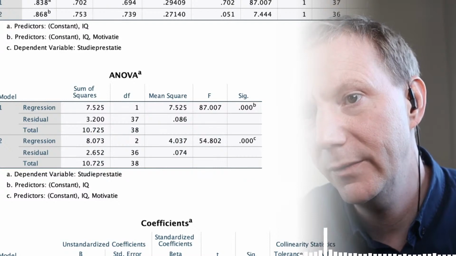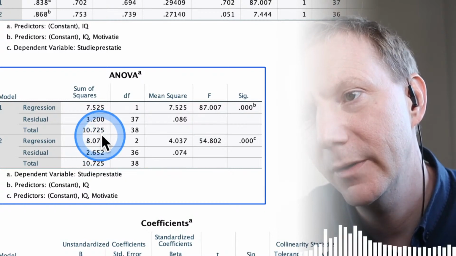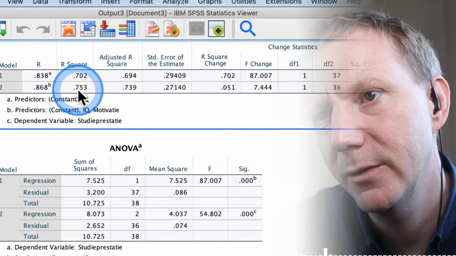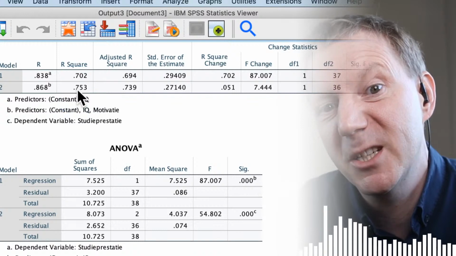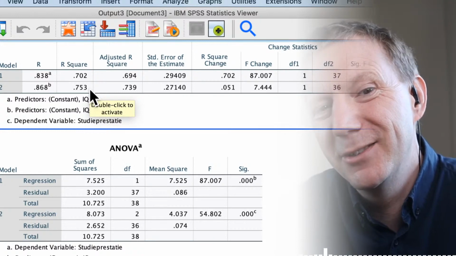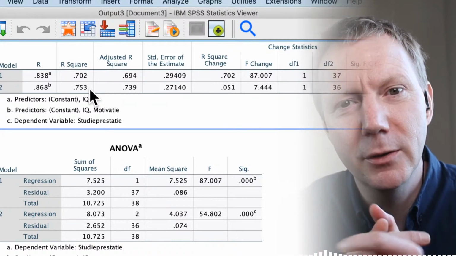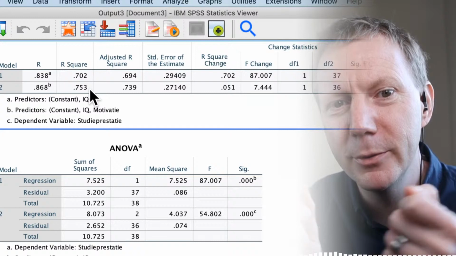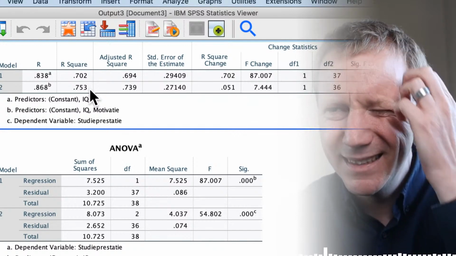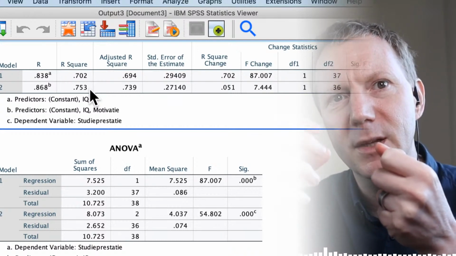Yeah, because if you look at the percentage of explained variance to the total variance that there is, that's 70% versus 75%. So yeah, it's more explained variance, but there's less signal to noise. And that also ties into the fact that we have a lot of multicollinearity, that both variables are doing the same thing, and therefore if you combine them, it will influence the amount of signal to noise ratio.